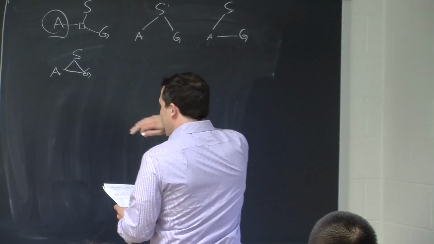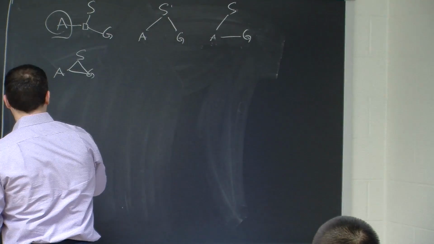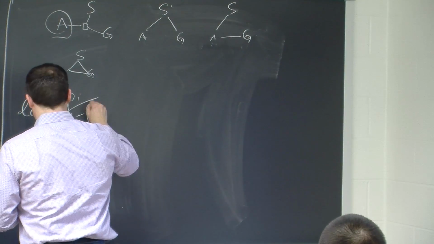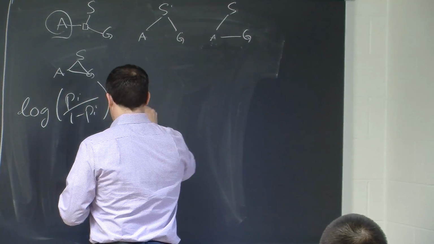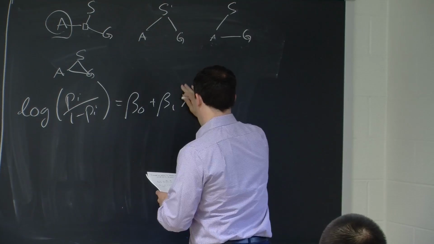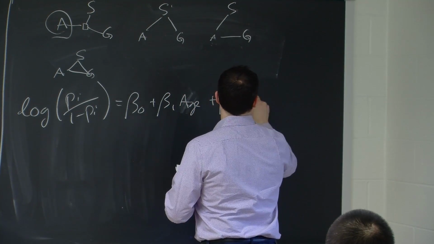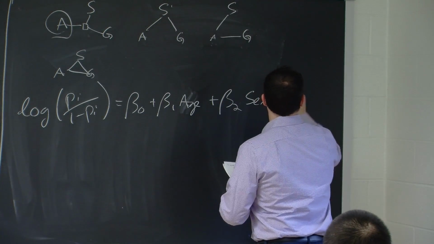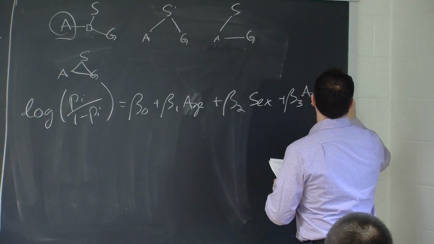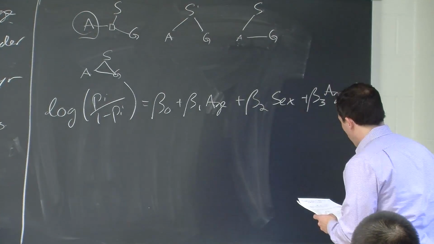Okay, so now I want to add the interaction term, which means the conditional version of this model. Our new model is log of pi over 1 minus pi equals beta naught plus beta 1 age plus beta 2 gender plus beta 3 age times gender.